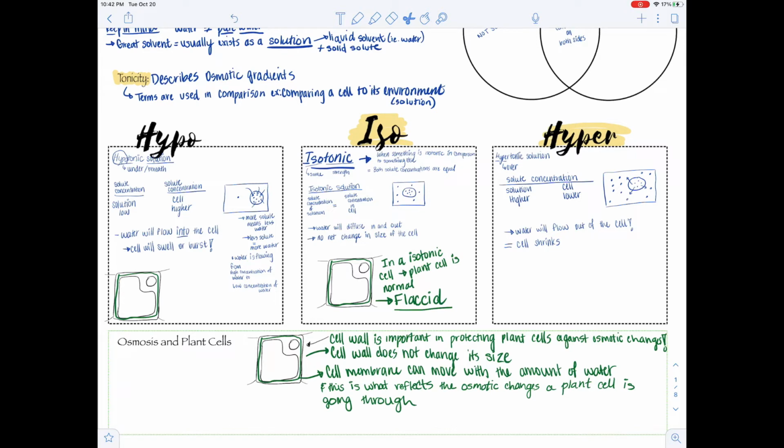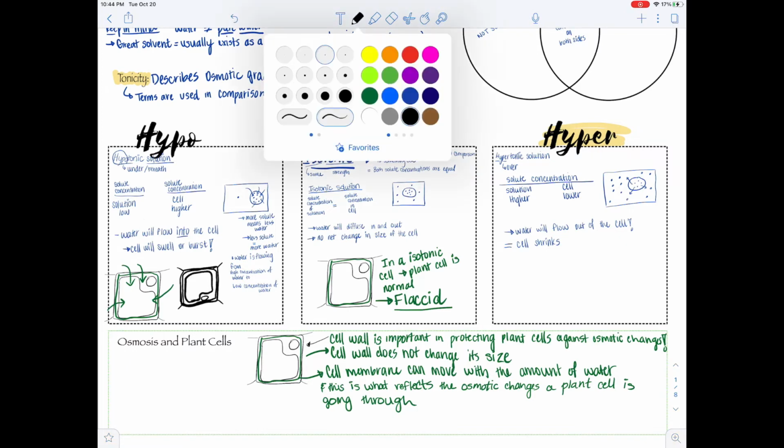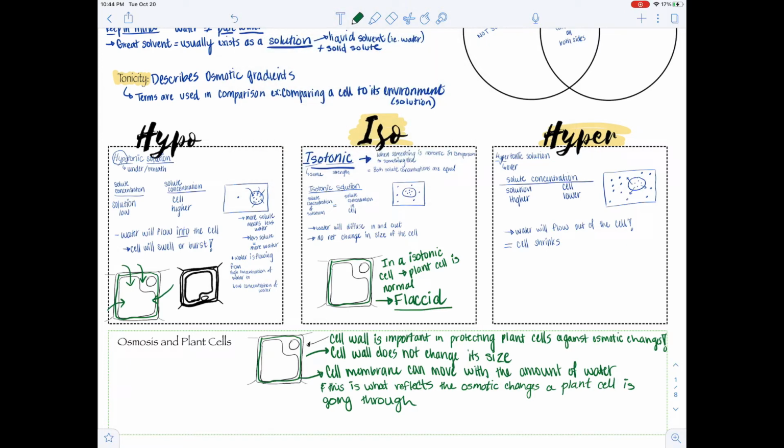Now let's look at hypotonic. In a hypotonic environment, we're going to see that water is coming into the cell. So what that's going to do is it's going to push that membrane all the way up against that cell wall. Okay, so we'll just see that the membrane is being pushed up against the cell wall. That is added pressure for that cell. Now the added pressure from that water on the cell wall is going to be known as turgid.